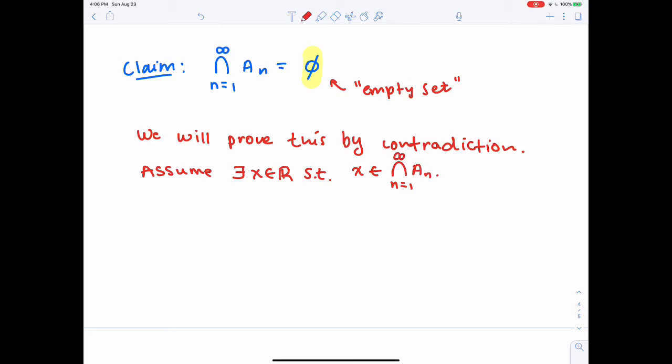Now remember what it means to be in the intersection using the definition. That means that x has to be in A_n for all n. And really what we're saying is that 0 is less than x, which is less than 1 over n for all n.